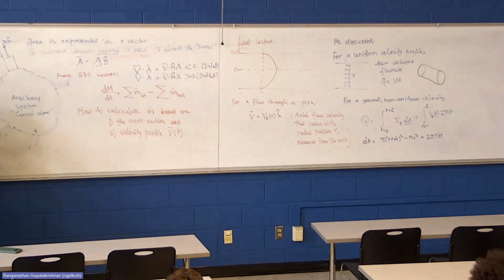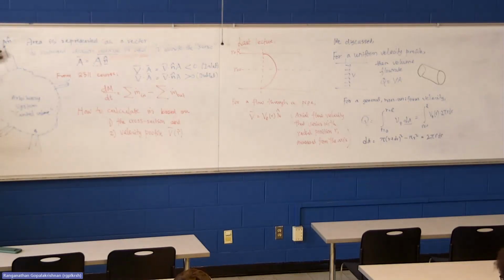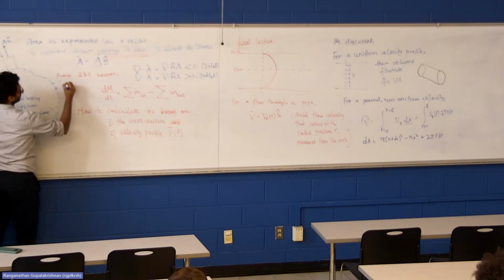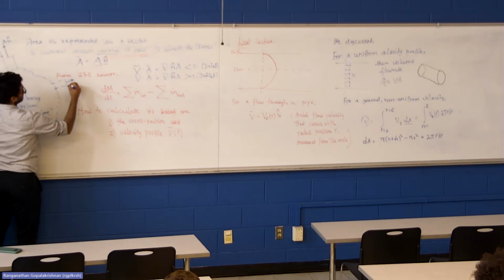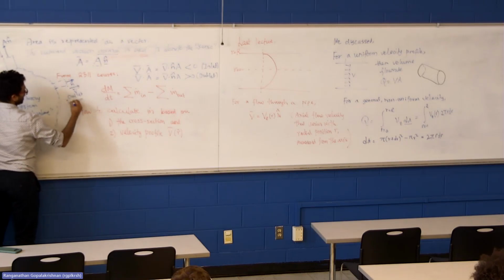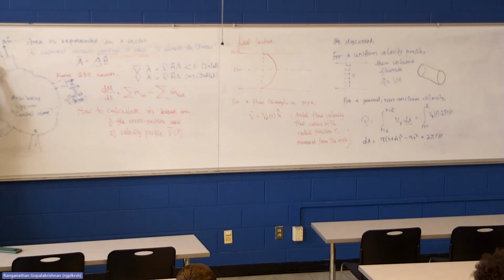We always adopt a convention such that area is drawn as an outward drawn normal, which will make inlets negative and outlets positive, meaning the outflow. This is n cap and this is velocity. So for an outlet, V dot A is positive, and for an inlet, V dot A is negative.